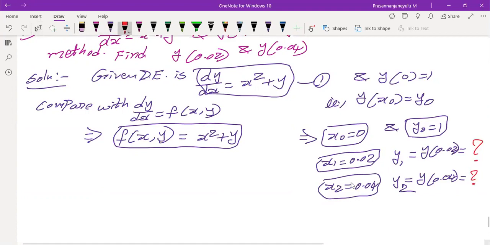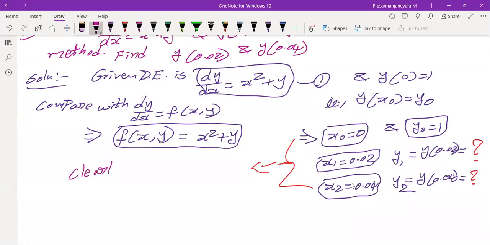This is our question mark. But clearly, with all the values of x, what is the value of h? Clearly h equals 0.02.